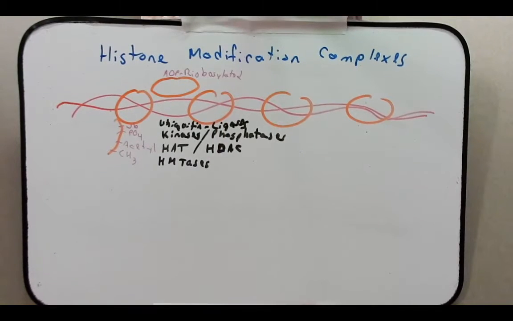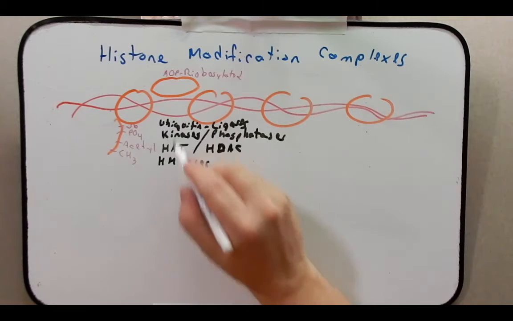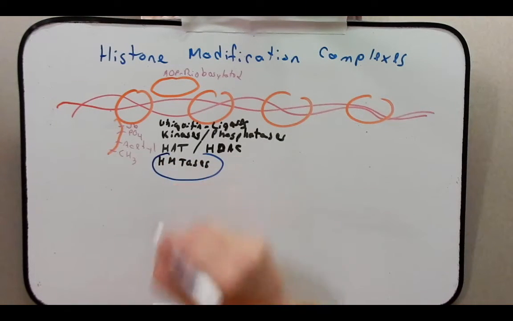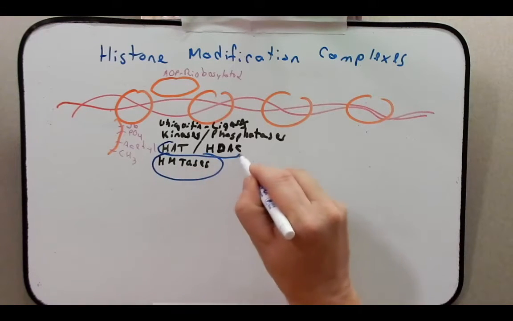But what I want to talk about today is the idea that these enzymes don't work alone. The methyltransferases work in large complexes. The acetyltransferases and deacetylases work in large complexes. So we're going to really focus on these two here.